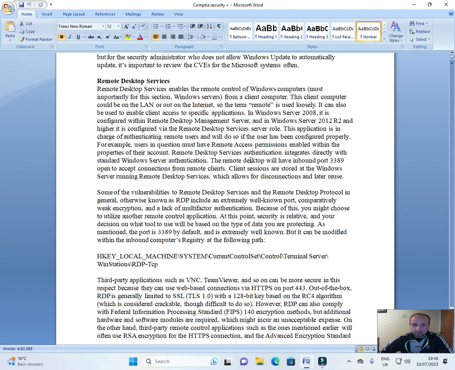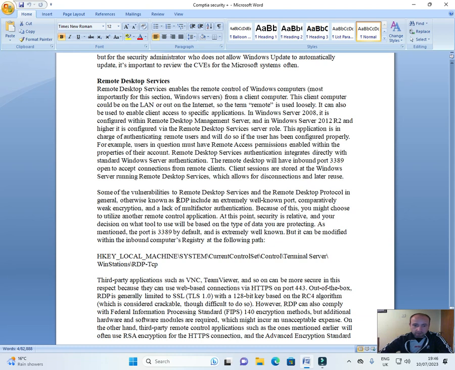Remote desktop services authentication integrates directly with standard Windows Server authentication. The remote desktop will have inbound port 3389 open to accept connections from remote clients. Client sessions are stored at the Windows Server running remote desktop services, which allows for disconnections and later reuse.